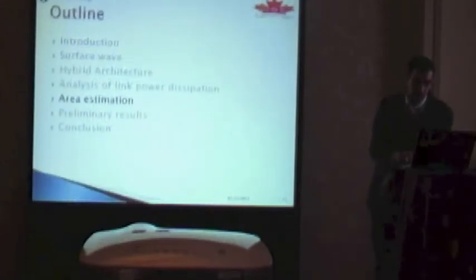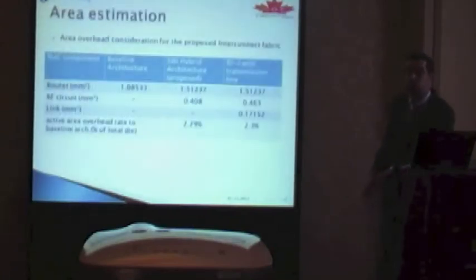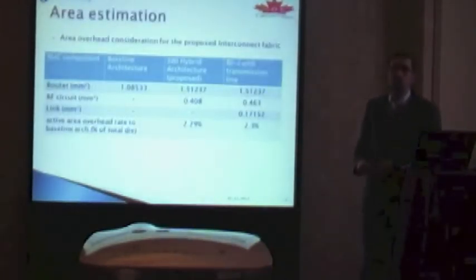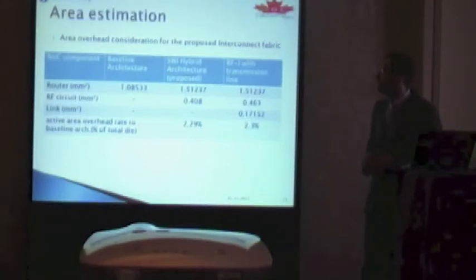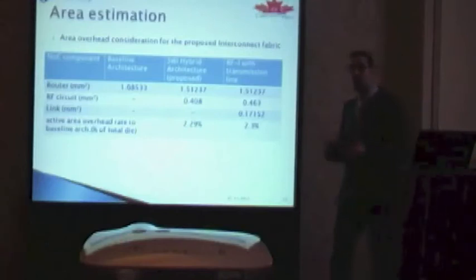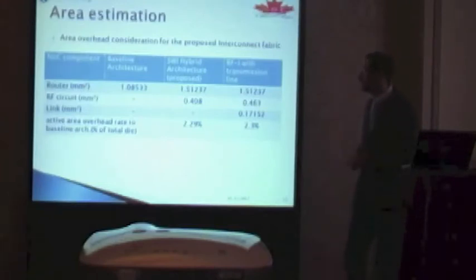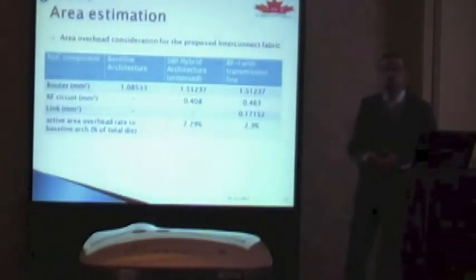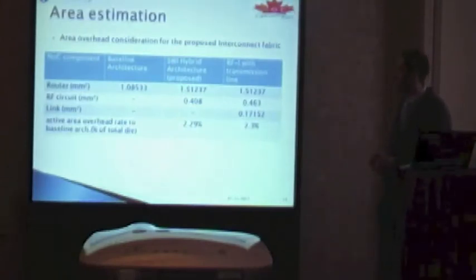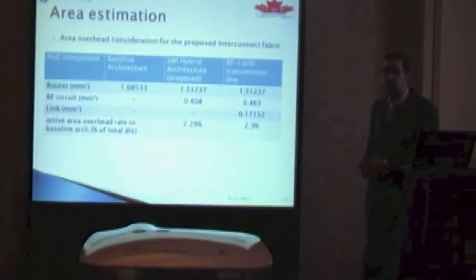So in order to have a better look, we need to know whether this technology is going to be area hungry or not, compared with related work that offers the same performance results. So we use the Orion network on chip area simulator, and we depend on the specification of the baseline architecture, which is the single-chip cloud computer.